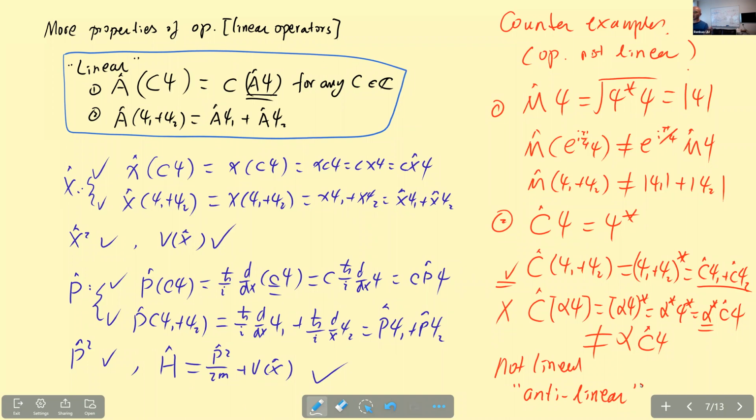But you can see that in general, operators can be linear or nonlinear. But in quantum mechanics, most operators we use, like momentum, position, Hamiltonian, which we have introduced, are all linear operators.